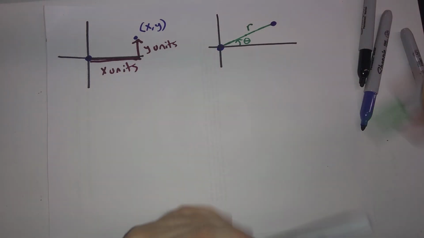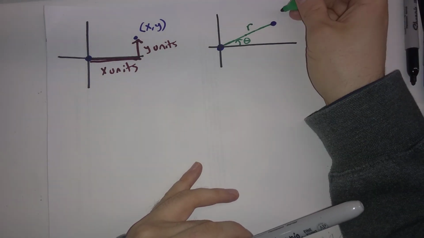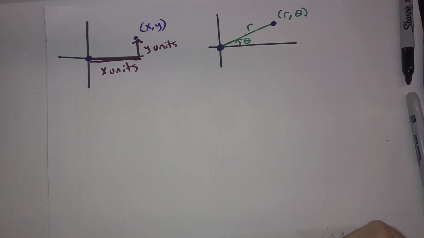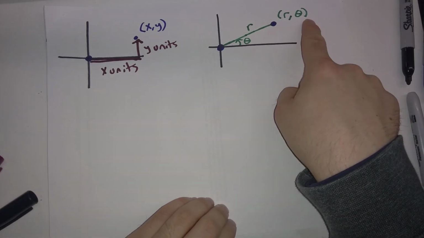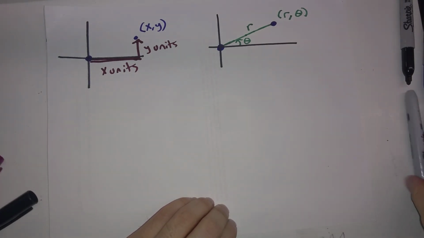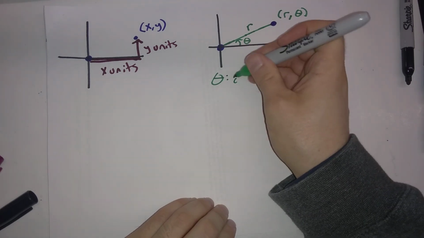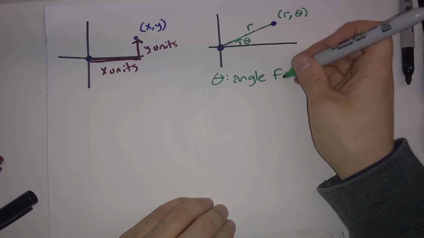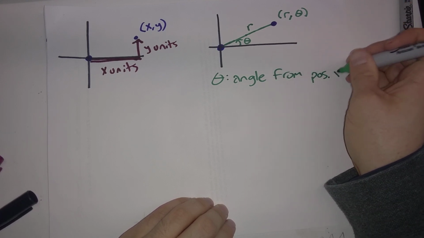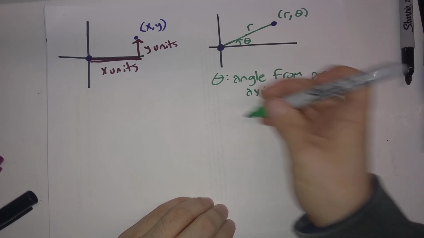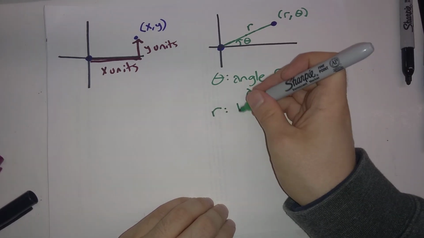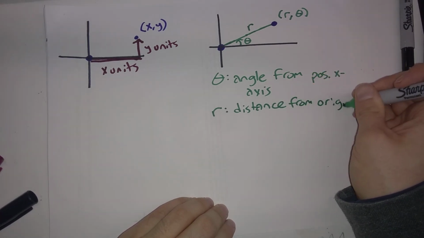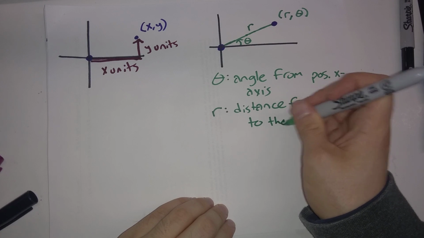So instead of representing a point in rectangular coordinates by x comma y, we can represent a point in polar coordinates as r comma theta, where theta is the angle from the positive x-axis, and r is the distance from the origin to the point.